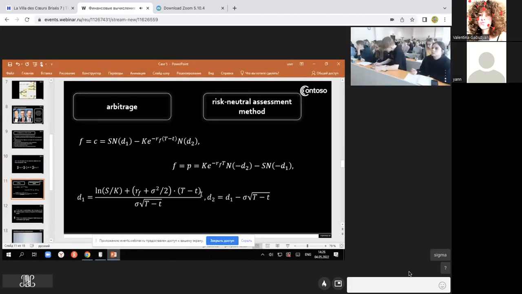It means we have the assumption that all the investors don't care about the risk at all. Okay, so we have this construction. Any questions about this formula? Does somebody want to ask a question at this moment?